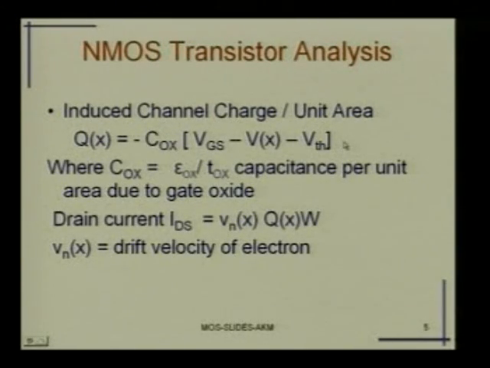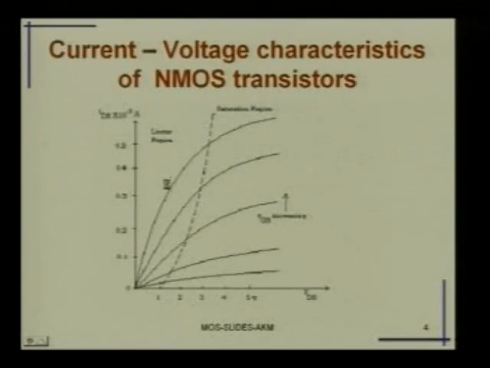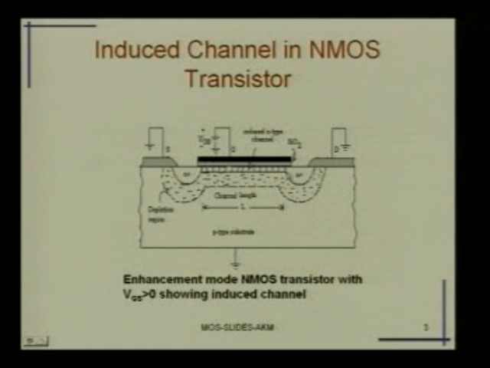Now, let us understand how to analyze such circuit behavior. If you look at the induced channel, if I go back to my previous slide, this is where the induced channel is. Now, a charge is induced.